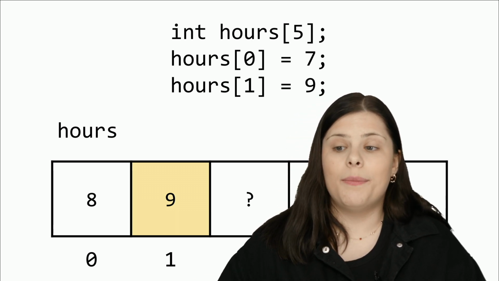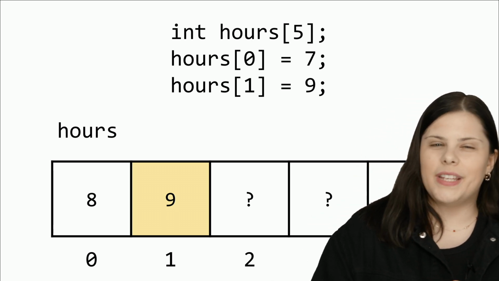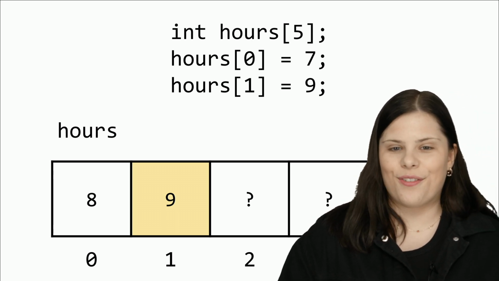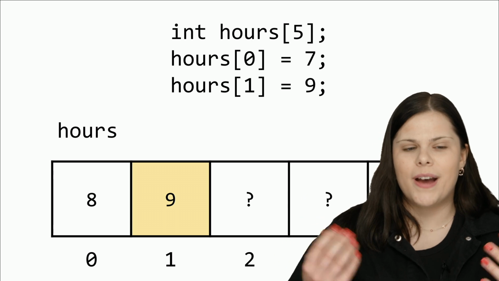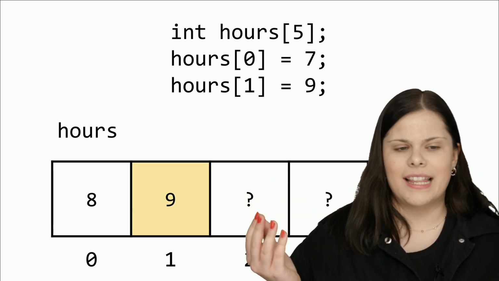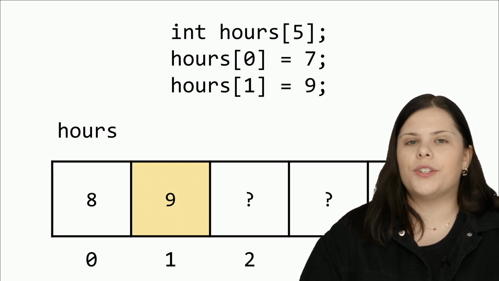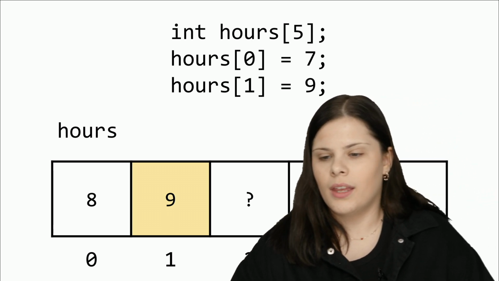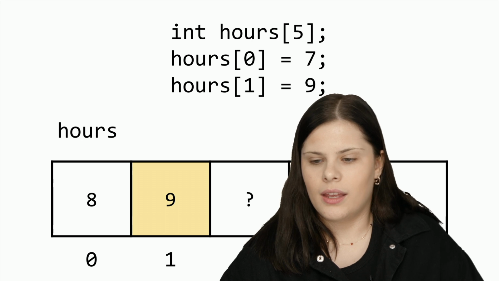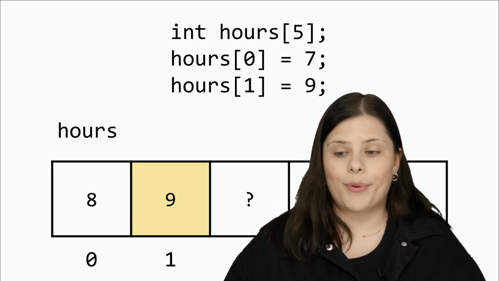Someone asks, is there a limit to how many values we can store in an array? Sort of yes and no. You can make arrays as big as you want, but if you're going into a billion, a trillion, or even a little less than that, you might consider using some other data structure or a more efficient way of recording things. Do we always need curly braces to store values?